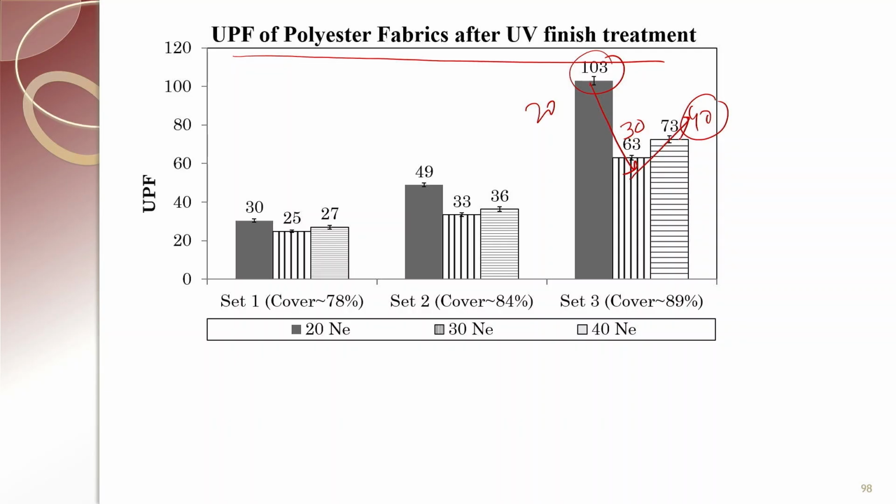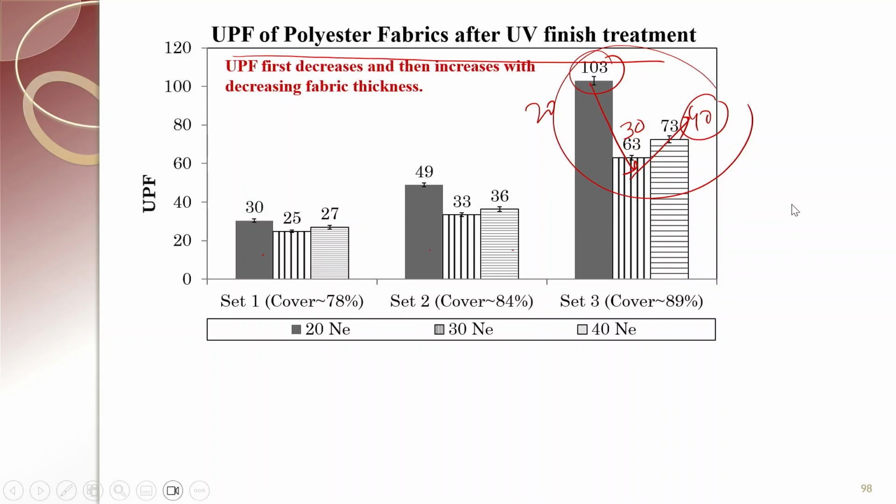This is actually visible for all the different fabric sets, but for higher cover this phenomenon is more prominent. So, UPF decreases at first, then increases with the decreasing fabric thickness.